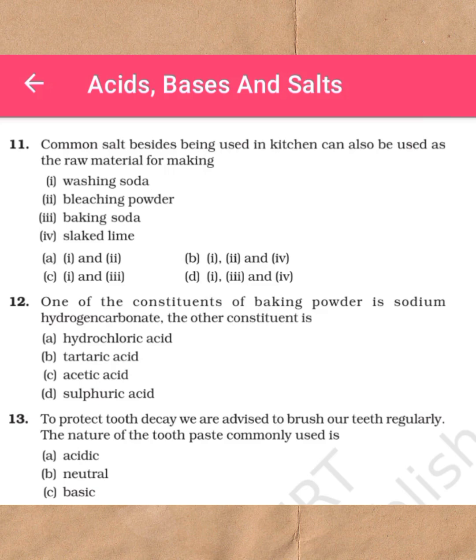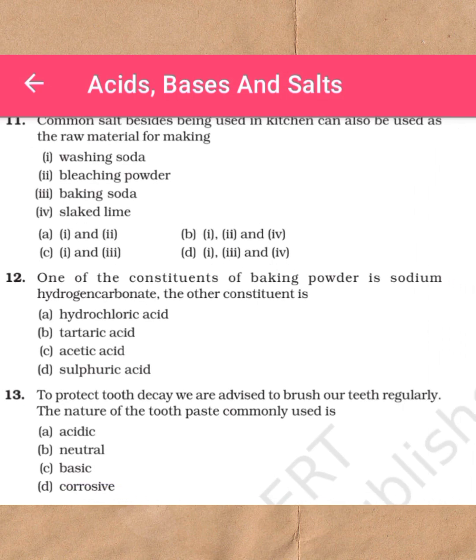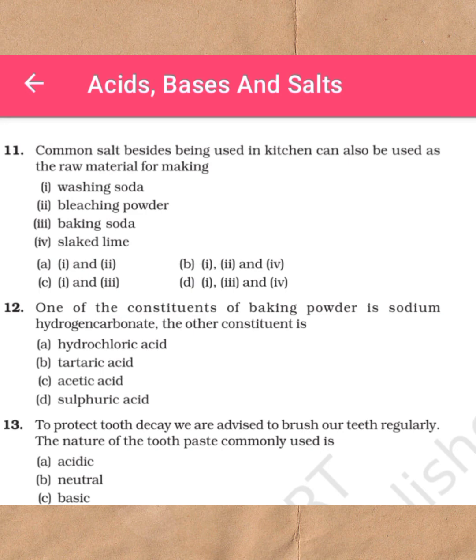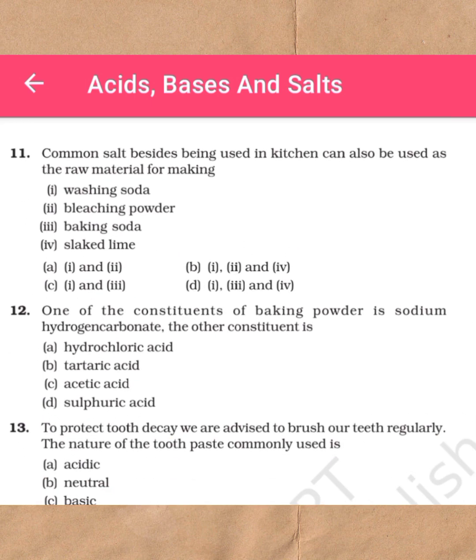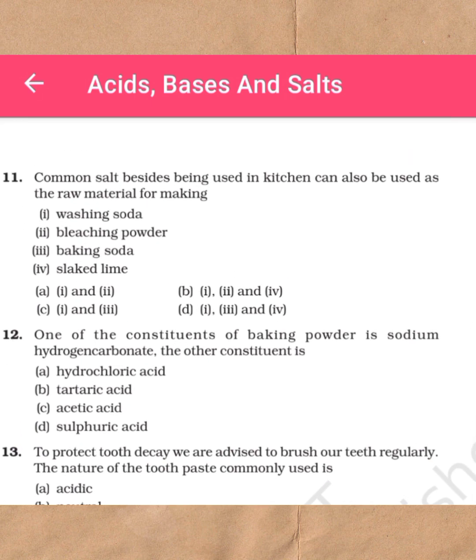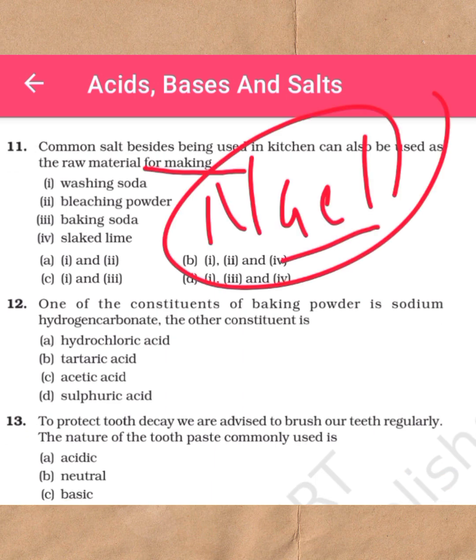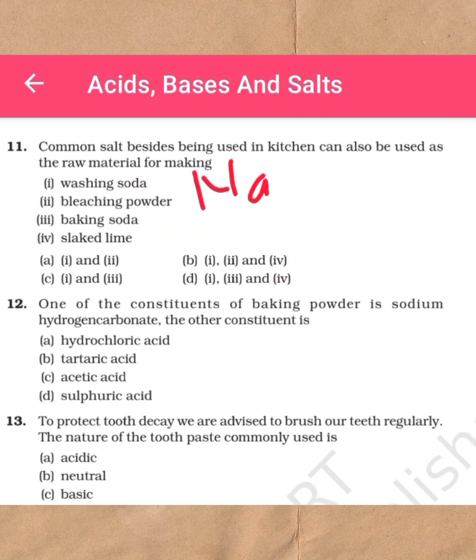Common salt besides being used in the kitchen can also be used as the raw material for making. It means salt. Which salt is it that we use in the kitchen as a raw material? So the answer, washing soda is Na2CO3.10H2O.